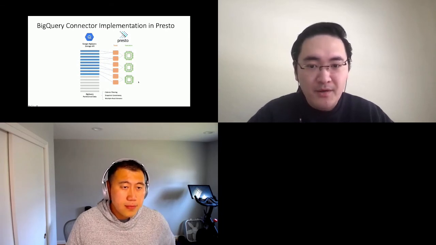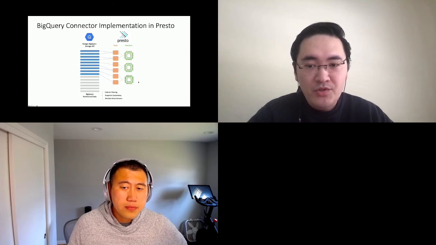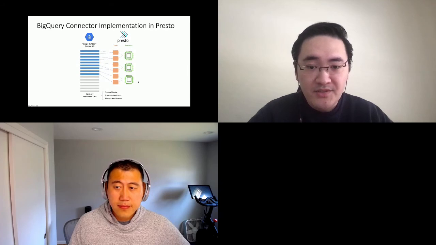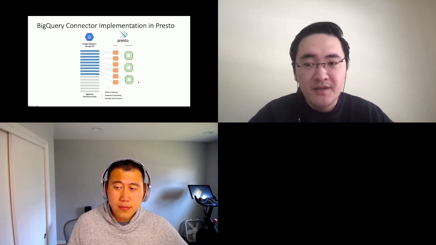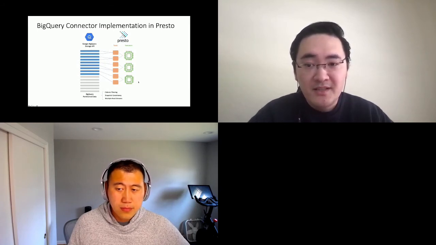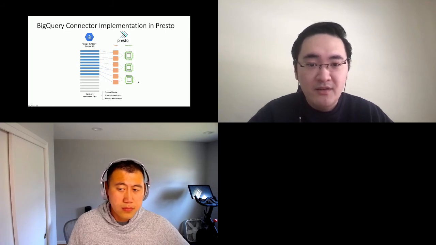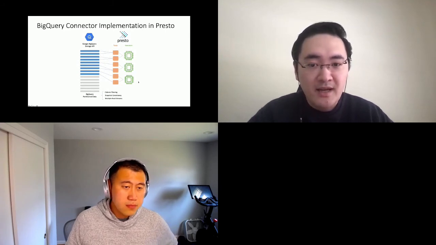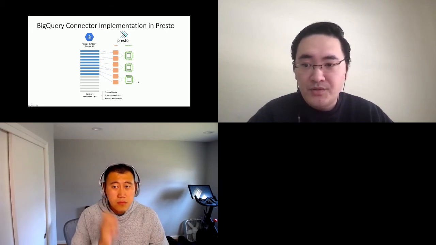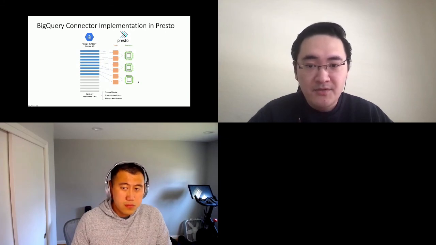A user can seamlessly run federated queries across large-scale BigQuery instances and other sources, including HDFS, MySQL, Cassandra, Kafka, and more. With Presto's BigQuery connector, users can accelerate data and analysis because Presto takes care of much of the overhead required to get started.